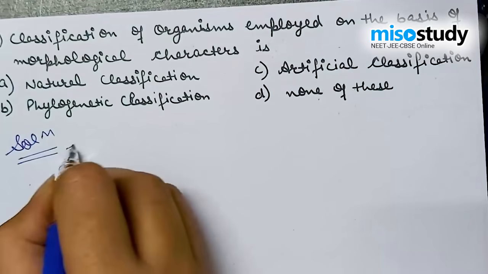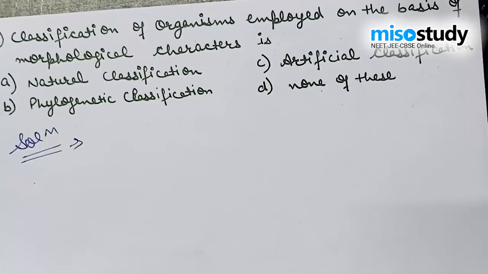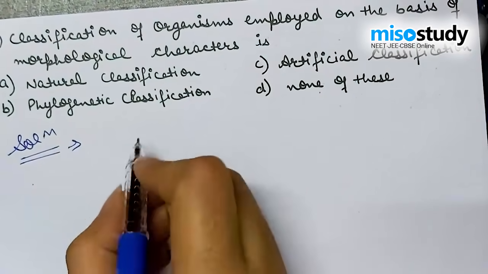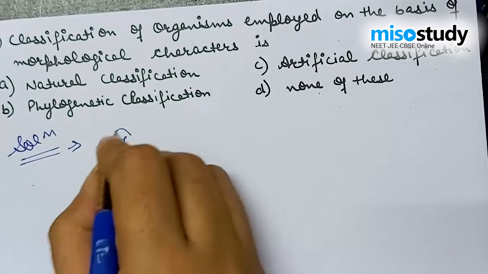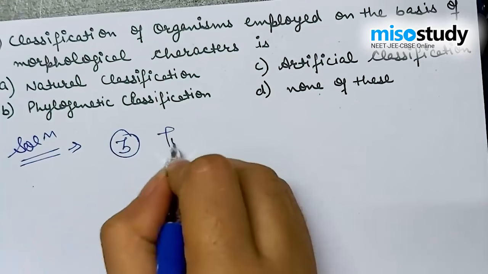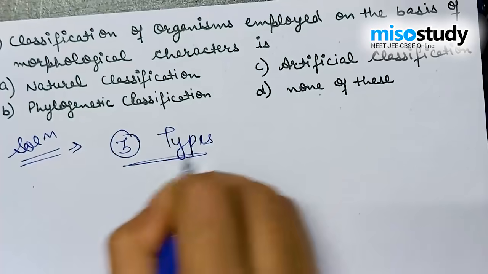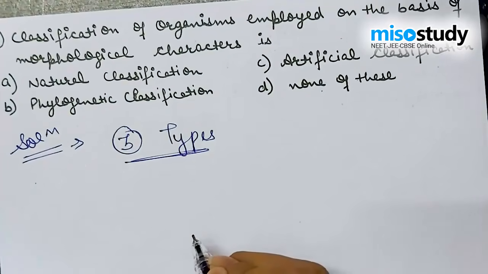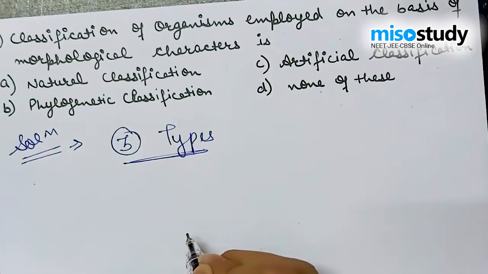As we just discussed before, the systems of classification are generally categorized into three types, named artificial, natural, and phylogenetic.